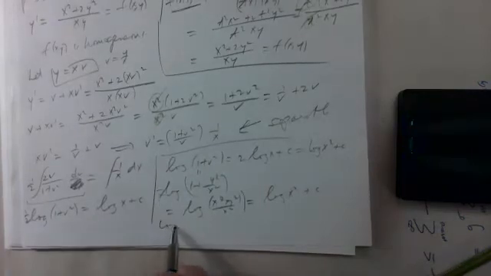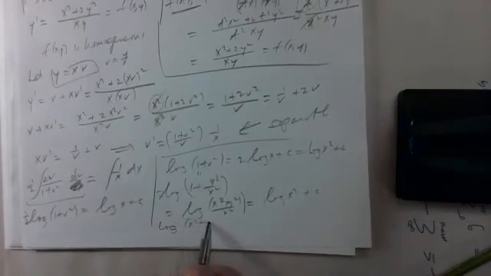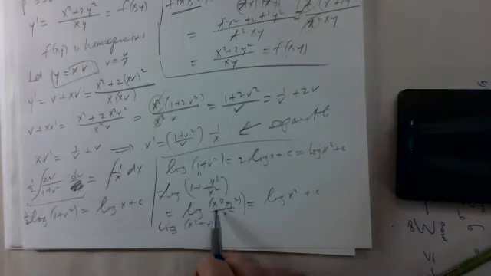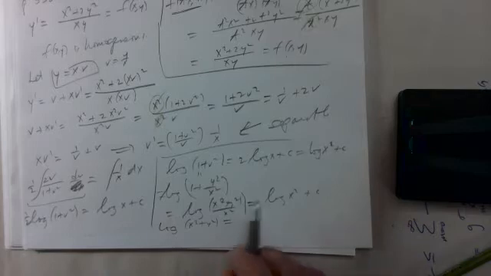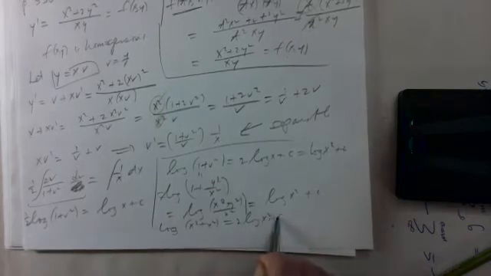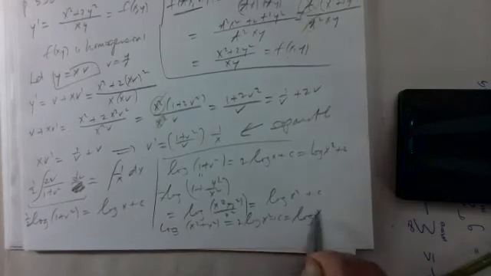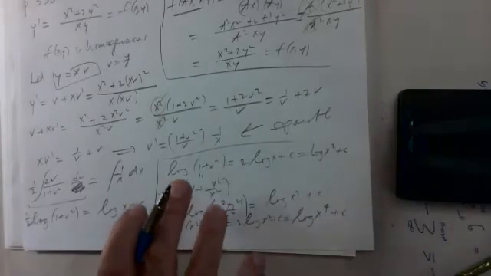So the log of x squared plus y squared minus the log of x squared equals 2 times the log of x squared, or the log of x to the 4th plus c.